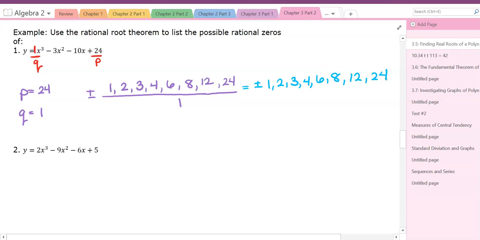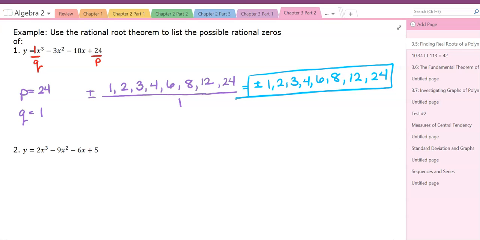Now, all of those have a plus minus sign in front of them. So it's plus or minus 1, plus or minus 2, plus or minus 3, and so on. What this means is this list right here has some numbers that I know would work for this polynomial expression.